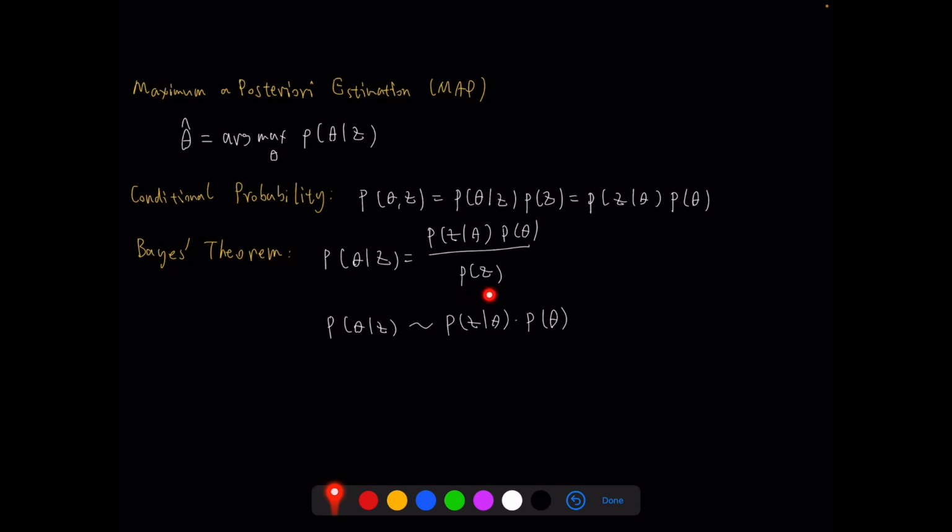Since the normalization part is not related to theta, and we want to maximize our posterior probability, we can ignore this part. So eventually, the conditional probability can be written as p(z given theta) multiplied by p(theta). I will illustrate how we use this part in a later question.